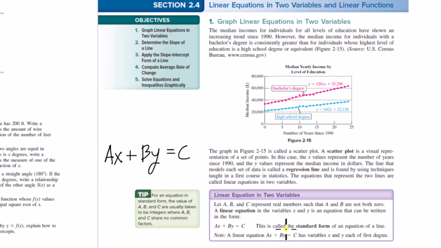Now, focusing on the linear equation in 2 variables at the moment, this definition says that ax plus by is equal to c is called the standard form of an equation of a line. And it's the same idea as the standard form for the equation of a circle.